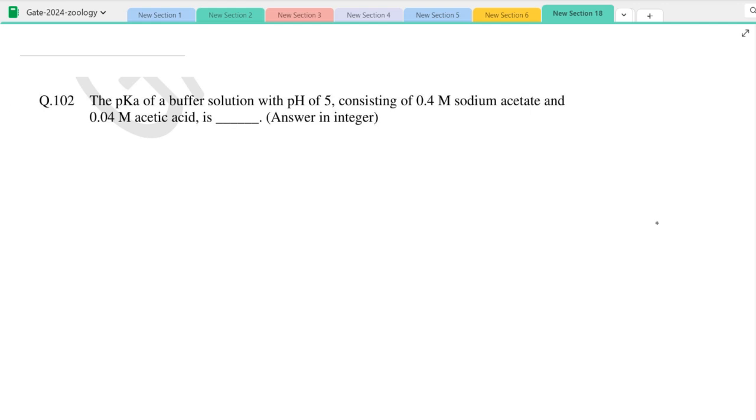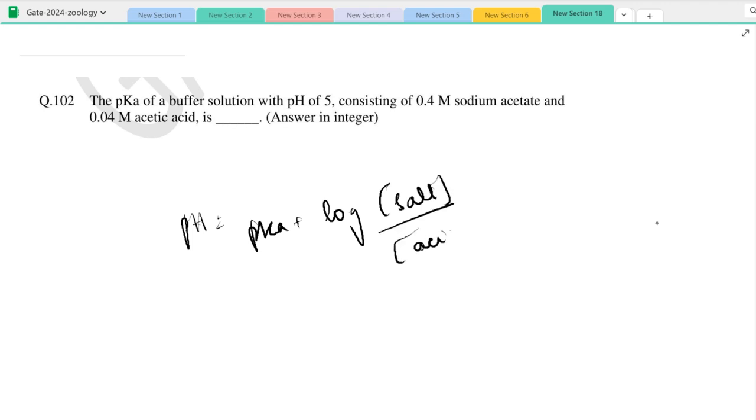What is the pKa of a buffer solution with pH of 5 consisting of 0.4 molar sodium acetate and 0.04 molar acetic acid? This is a very simple Henderson-Hasselbalch equation. pH is equal to pKa plus log of salt concentration by acid concentration.